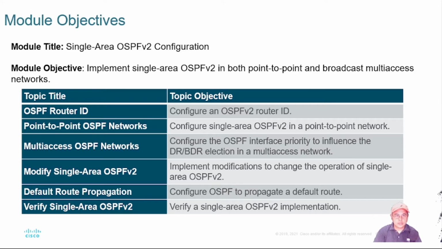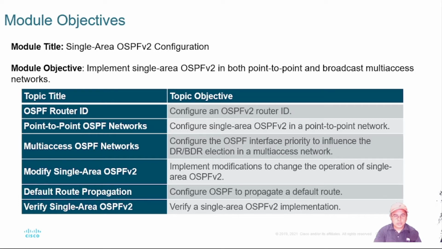We're going to configure the OSPF router ID in the router, and point-to-point OSPF networks. So we're going to configure the Single Area OSPF version 2 in a point-to-point network. And then we have the multi-access OSPF network. We're going to configure the OSPF interface priority to influence the BDR election in the multi-access network.